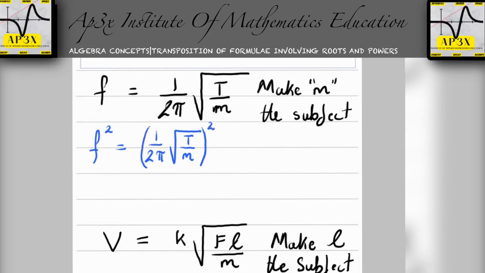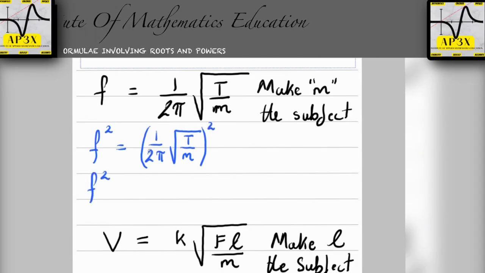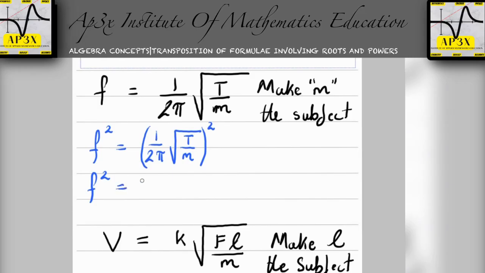All right, balance the equation. So therefore we end up with f squared. Bear in mind that the square will affect the 1, so that remains as just 1. If it was 2, it would be 4. If it was 3, it would be 9. So square the 1, we get 1.